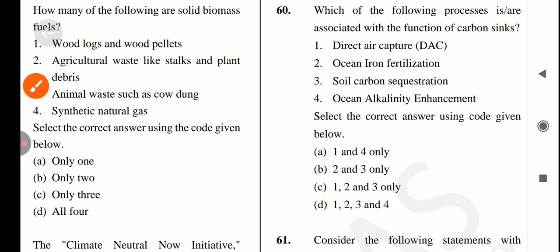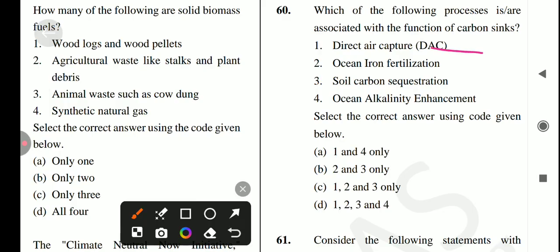If we're talking about direct air capture, it is a technological process that extracts CO2 directly from the ambient air and either stores it underground or utilizes it in products like synthetic fuels or chemicals.